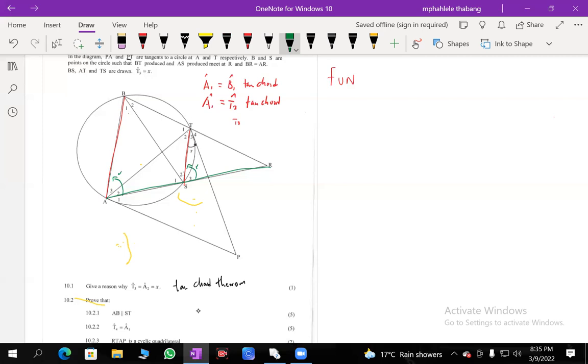Why am I saying when angle A2 plus A3 is equal to S3, when these two angles are equal, AB will be parallel to ST? I will be considering the idea that angles A2 and A3 and angle S3 are corresponding angles. So once they are equal, the line AB will be parallel to ST.